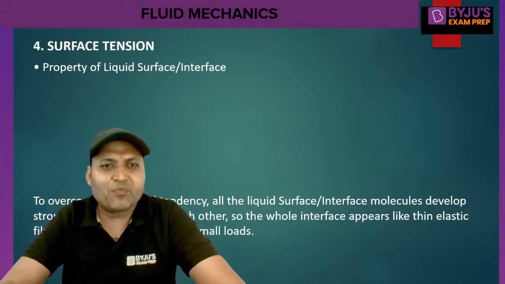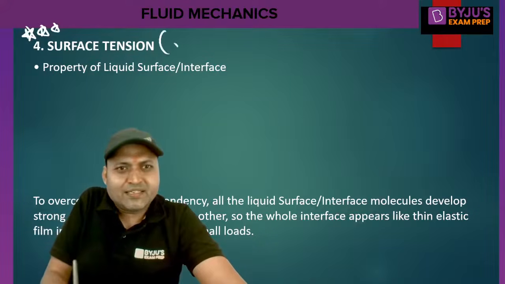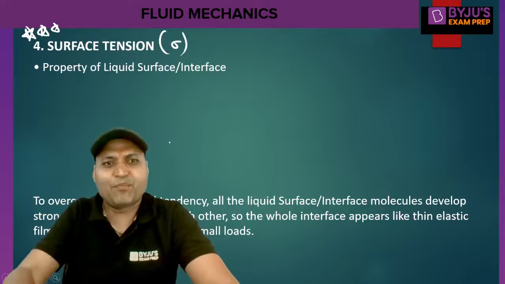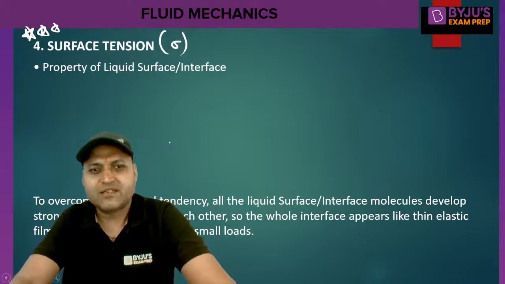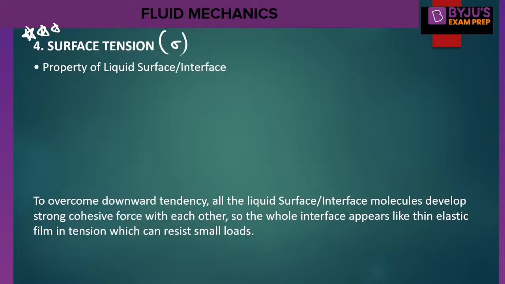The next important property is surface tension. Two properties are very important: one is viscosity and another is surface tension, sigma. Surface tension is the property of the liquid interface, or the property of the liquid surface, denoted by sigma.